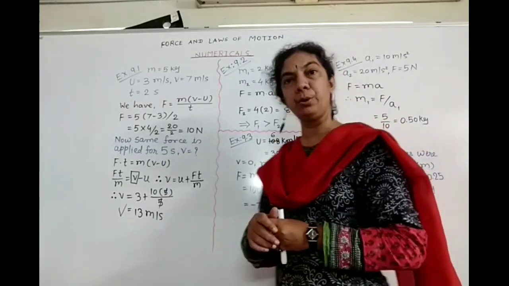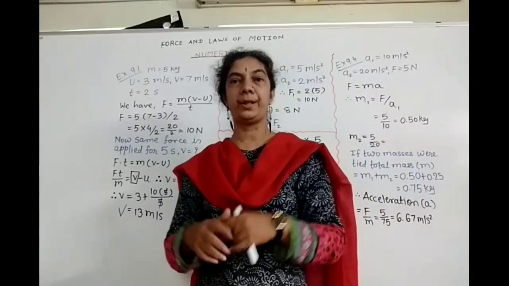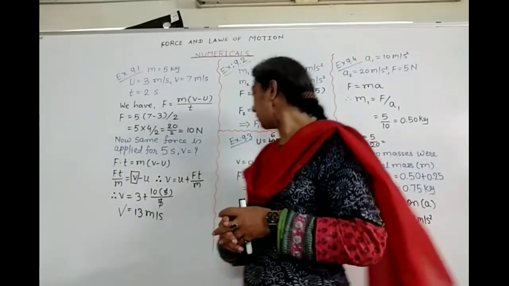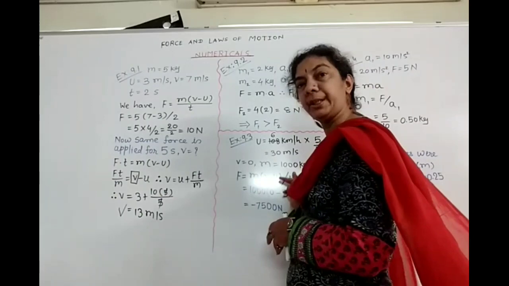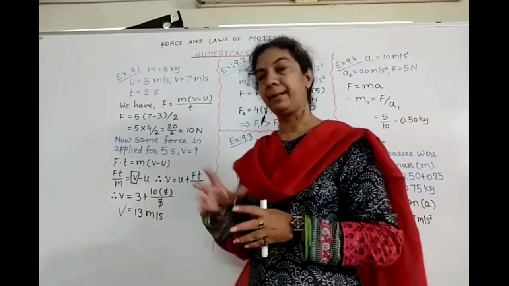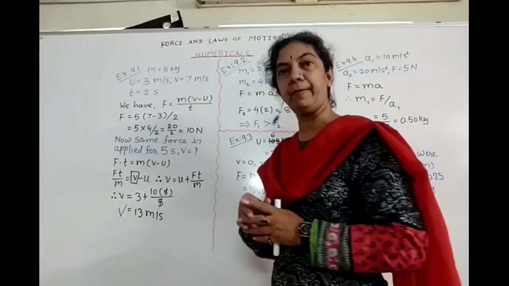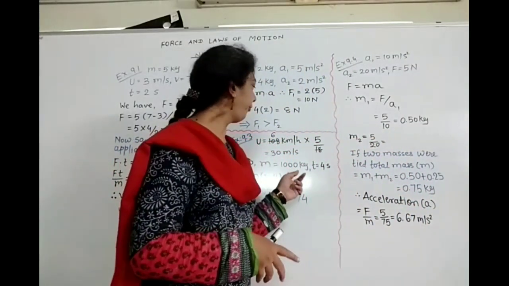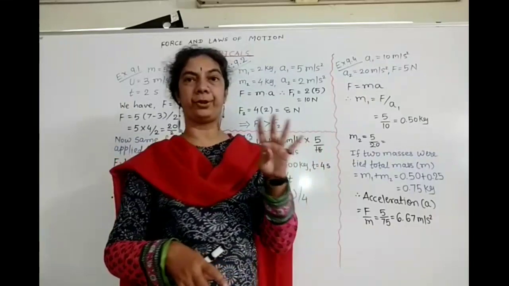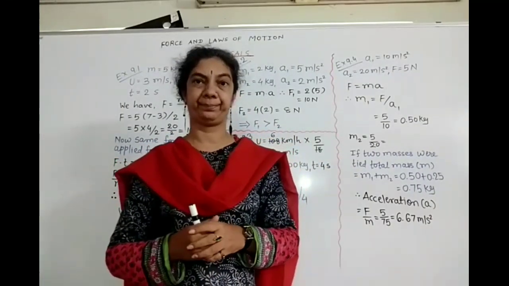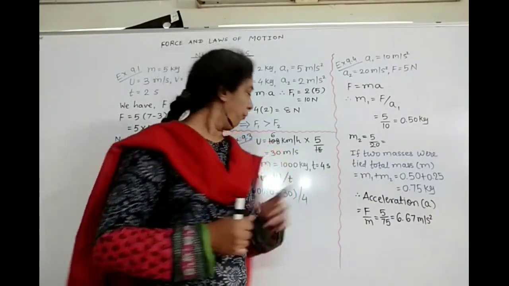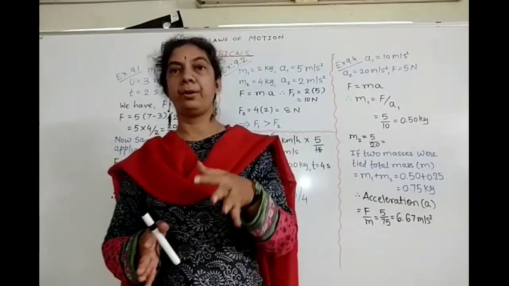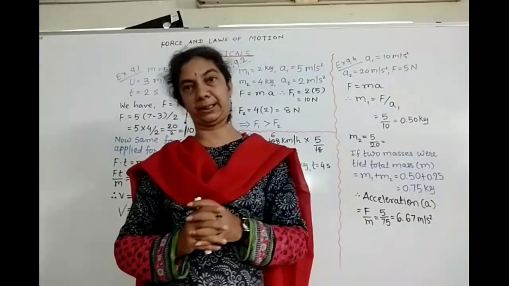And it has been told that a car with the passenger is having the mass of 1000 kg, and that is moving at this velocity or the speed. If the brakes are applied for 4 seconds time, what will be the force required to apply the brakes?